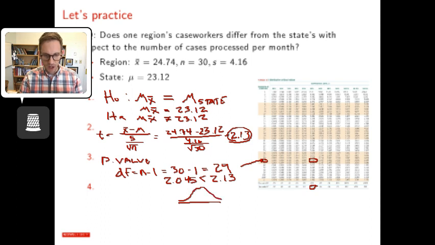If my critical value is 2.045, my value that I calculated, 2.13, is more extreme than that. So I'm going to reject the null. Hopefully you got that. All right.